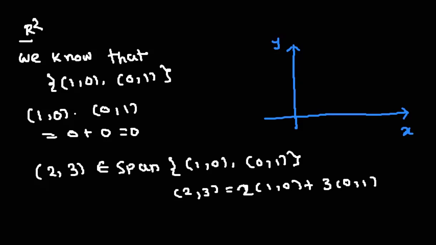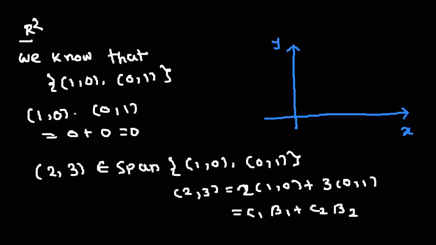If I go back to the formula we stated in the previous result, this is C1 into beta 1 plus C2 into beta 2. So 1, 0 is our beta 1 and 0, 1 is our beta 2.